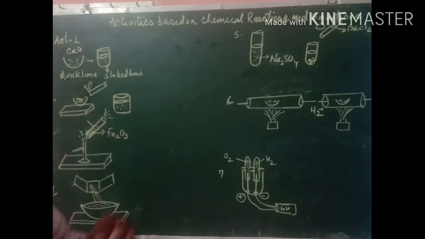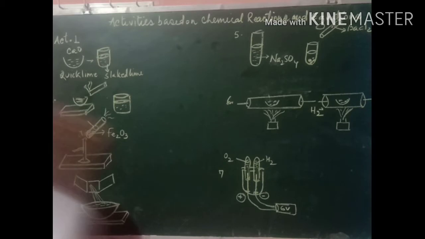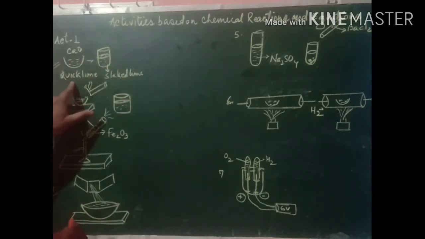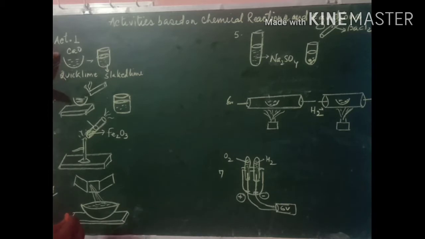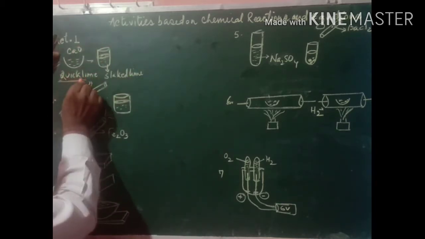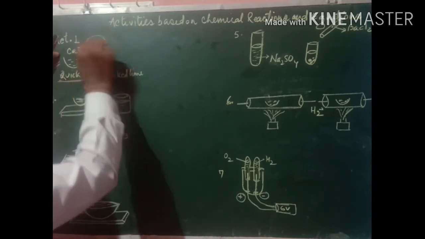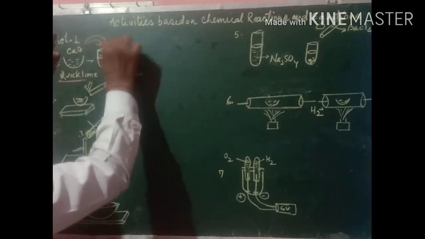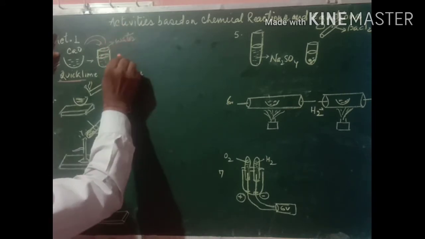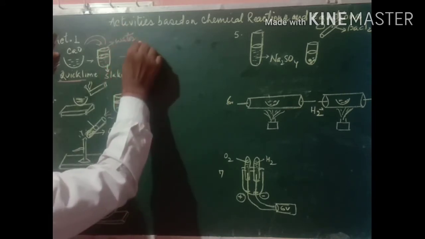So let's begin with the first activity, where you will see I have taken quicklime, meaning calcium oxide. When this calcium oxide, whose name is quicklime, is dissolved in water, the reaction takes place.